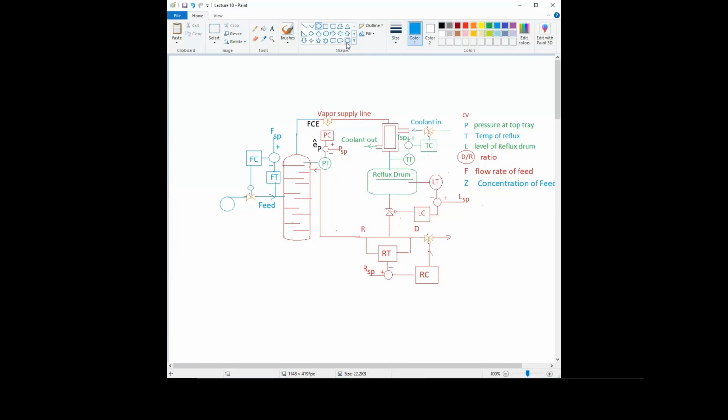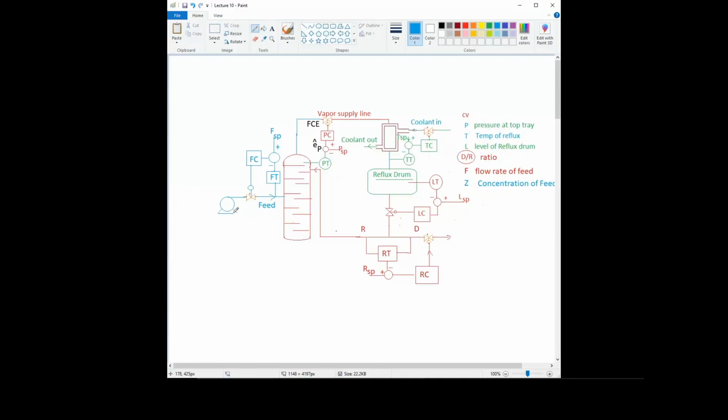Do we have a triangle? I'll tell you once I draw it, the drawing will be complete.